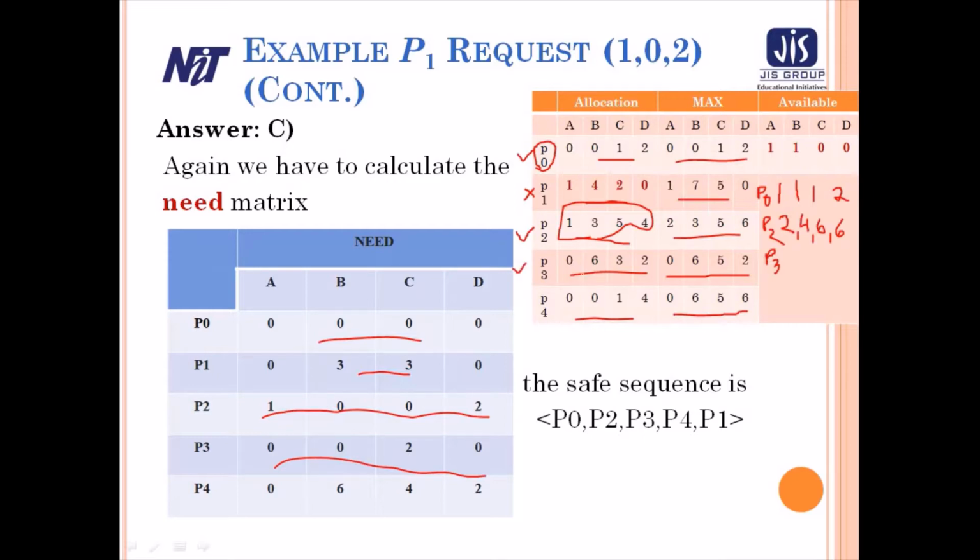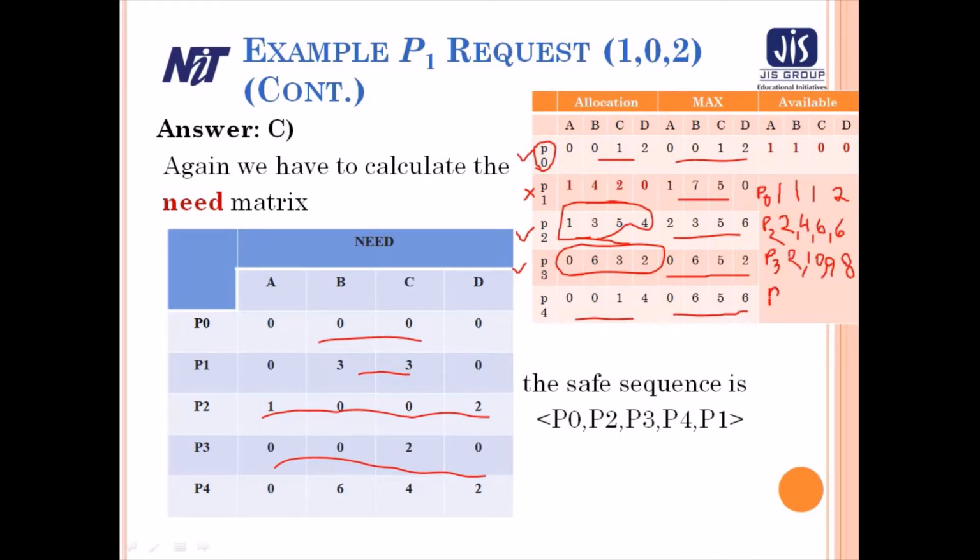After giving to P3, P3 releases its resources, and they come back to our system. So currently our system resources are 2 of A type, B type 6 plus 4 is 10, C type 6 plus 3 is 9, and D type 8. So 2 10 9 8.